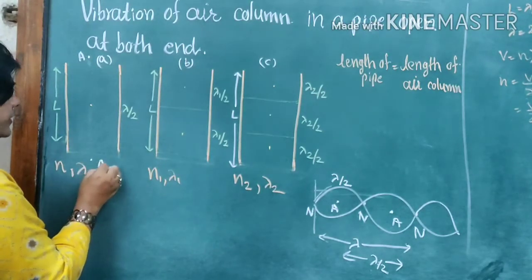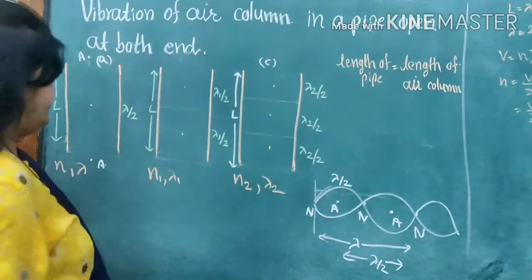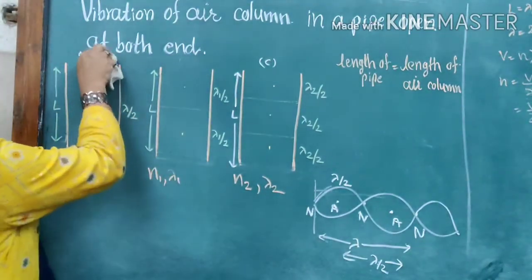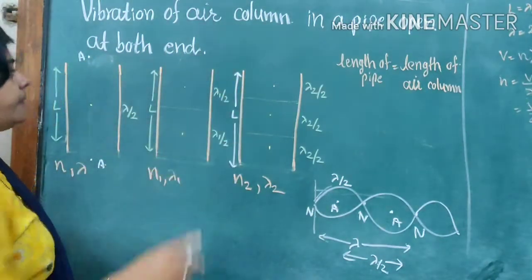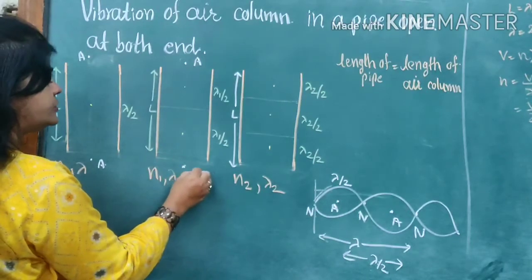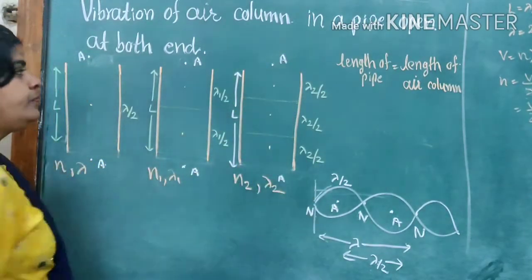Again we draw antinodes here. Again for this case, here ABC, as already mentioned, I will draw antinodes here. This point is an antinode, again an antinode here, and here an antinode.